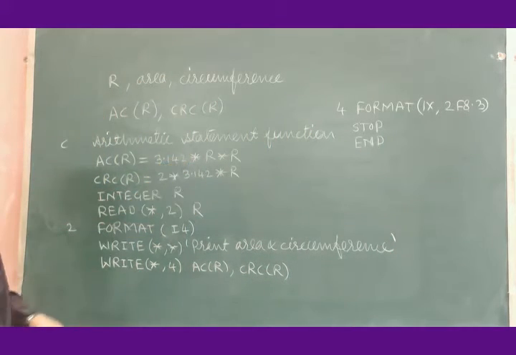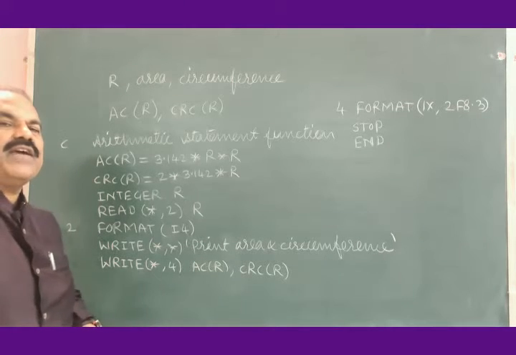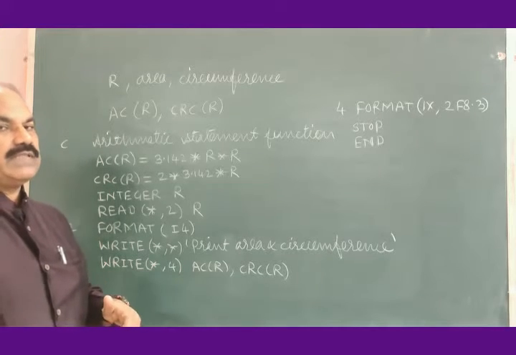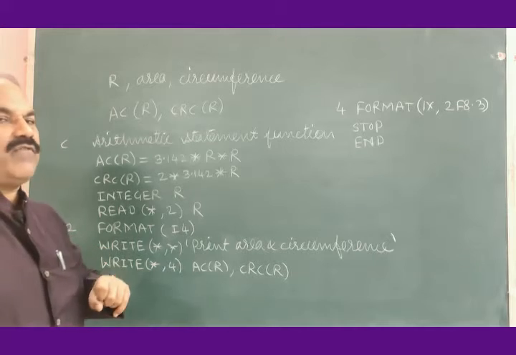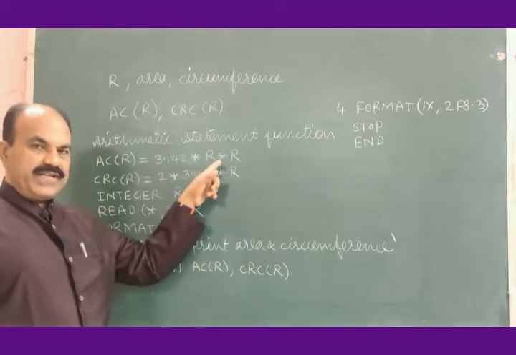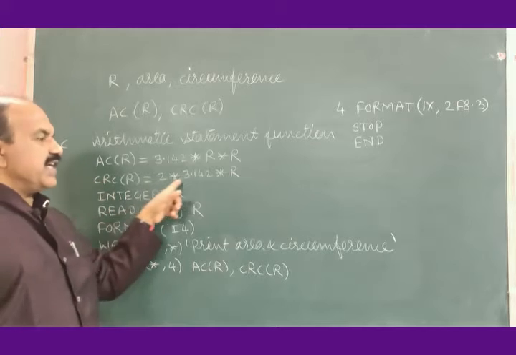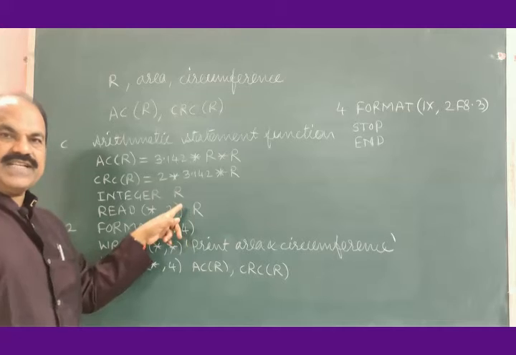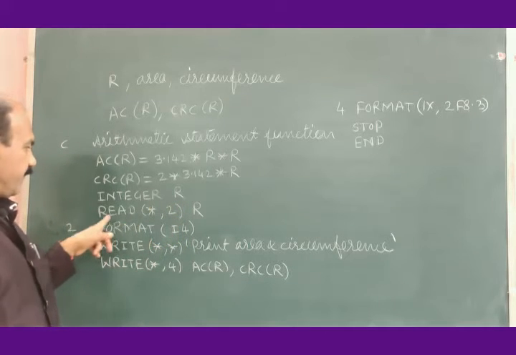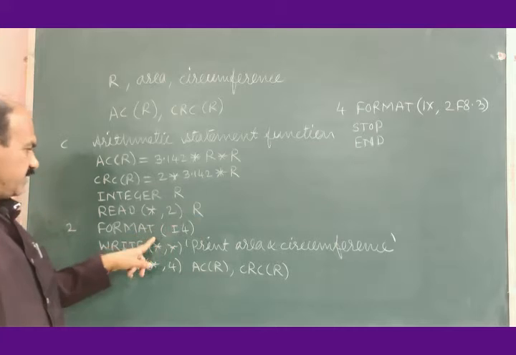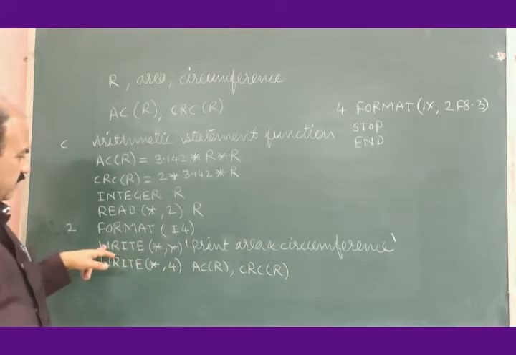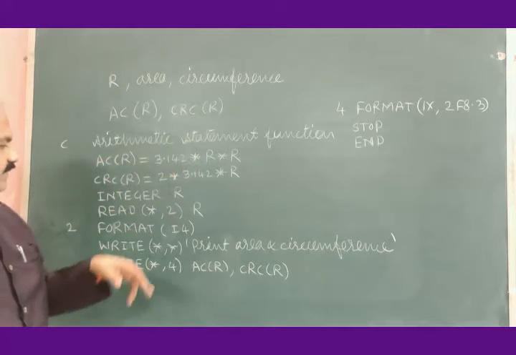This is a simple program to evaluate area and circumference of a circle with the help of arithmetic statement function. This is arithmetic statement function. R is defined as integer. Okay. Read R with this format. Then again a comment, just like this comment.